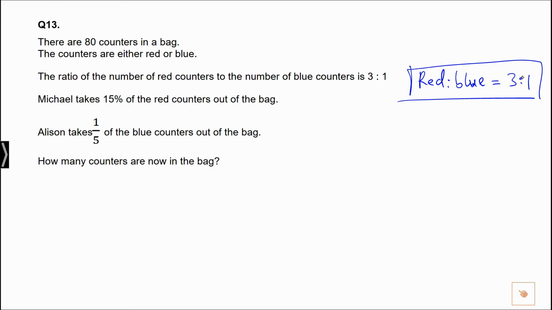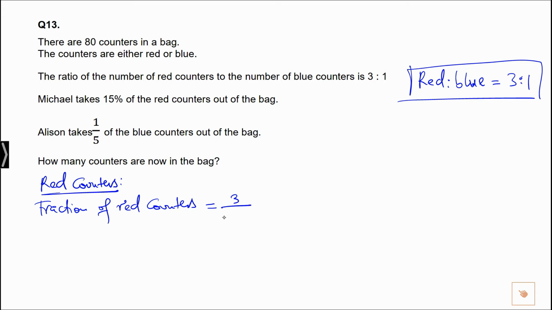So let's start with just working with one color first of all. So let's start with red counters. So for red counters, fraction of red counters will be equal to 3 over 3 plus 1, which is just 3 over 4.